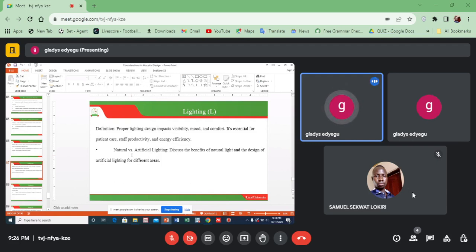Then also artificial lighting is very important because when we want to run our machines that we use for providing services, like in the laboratories, during surgeries, and sometimes when we are doing other investigations like scanning and x-rays, we need natural and artificial lighting, and we need this other support so that we can run our machines and offer those services.